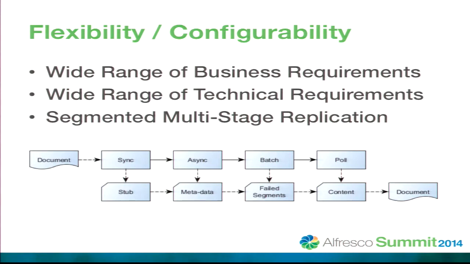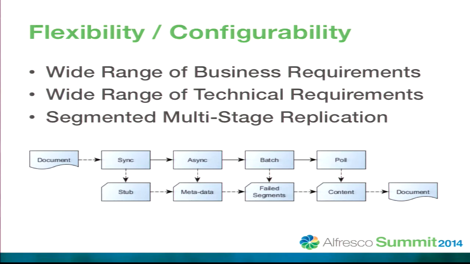So the design we came up with is this segmented multi-stage replication. I don't know if this diagram makes a whole lot of sense, but if you have a document coming in, you could synchronously replicate a stub, which is just the type, maybe mandatory properties, mandatory aspects, just enough to allow the other system to know something exists.